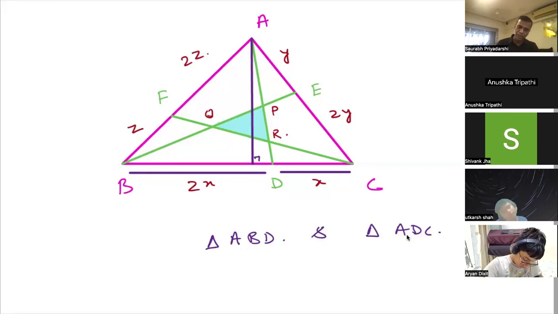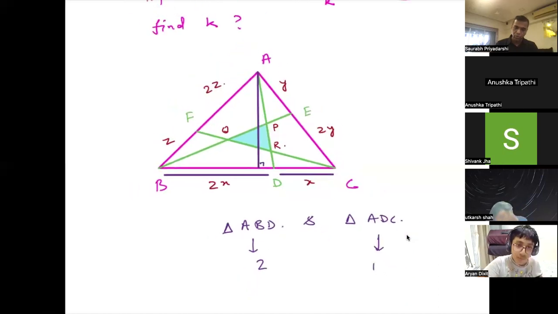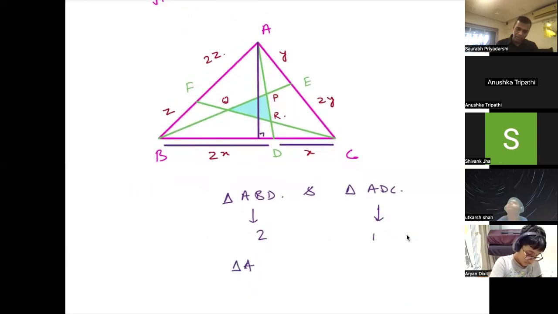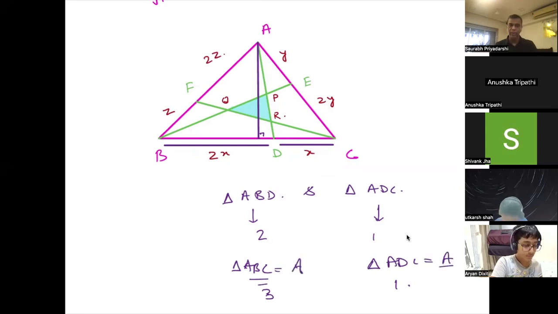So if the area of ABD and ADC are divided in the ratio 2:1, then the area of triangle ABC and area of triangle ADC will be in the ratio of 3:1. ABC is 3 times of this. So if the area of ABC I'm taking as A, the area of this will be A by 3. Everyone is okay with this?